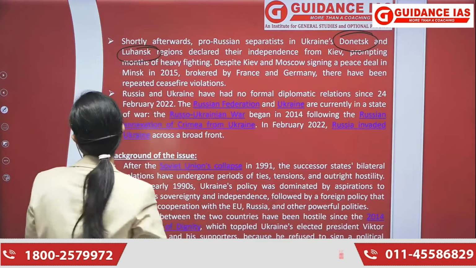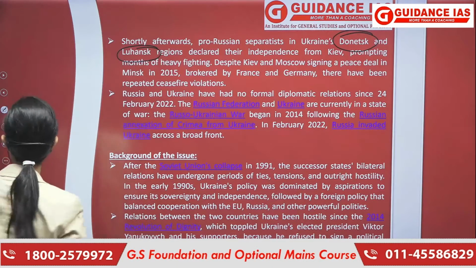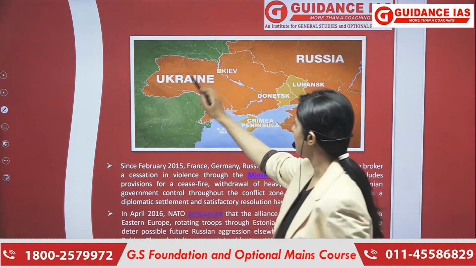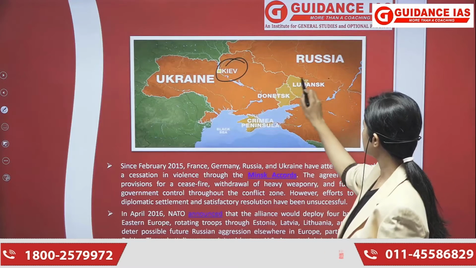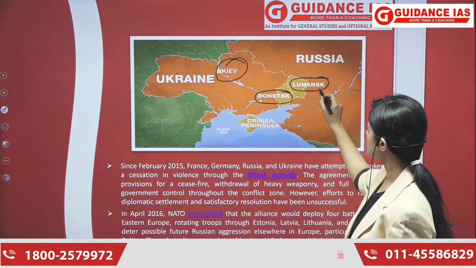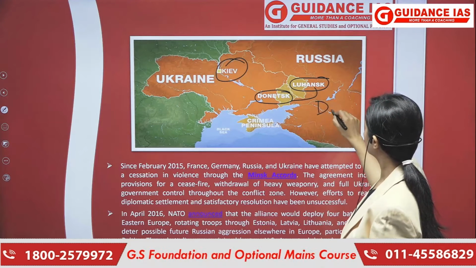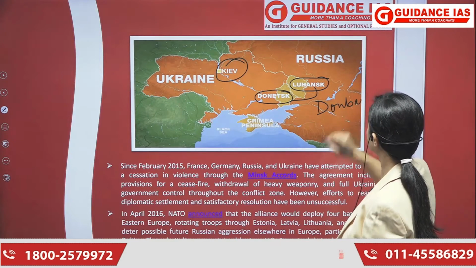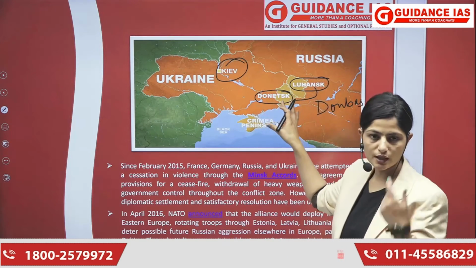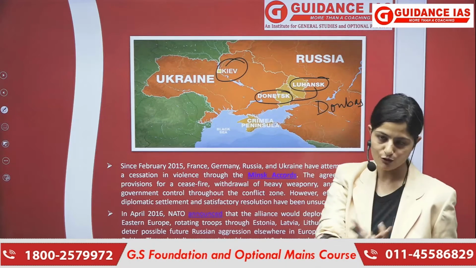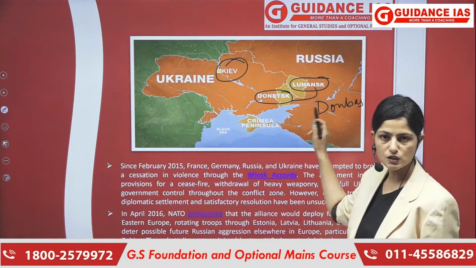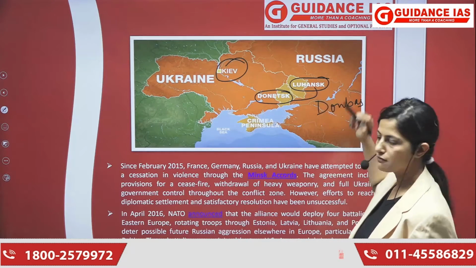Let me just show you these two regions in the map for your better clarity. Again, this is the map of Ukraine, the capital, and these are the two independent states, Luhansk and Donetsk, which we collectively also call the Donbas region, right? They got independence from Ukraine and recently Russia has also recognized their independence, of course, so that it can help in the war. So Russia has also recognized their independence recently so that this war could be in their favor, right?